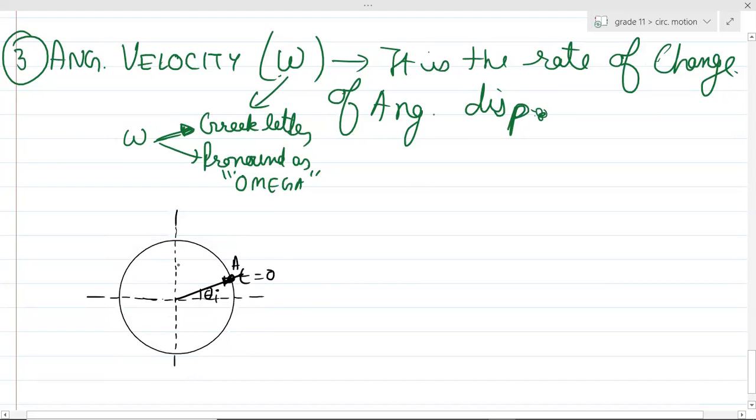Theta i. And let's say in time t it goes to point B, at t equals to t, to position theta f, right? So is this the angular displacement delta theta?